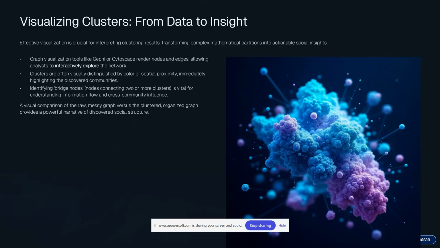Clusters are often visually distinguished by color or spatial proximity, immediately highlighting the discovered communities. Identify bridge nodes. Nodes connecting two or more clusters are vital for understanding information flow and cross community influence. A visual comparison of the raw messy graph versus the clustered organized graph provides a powerful narrative of discovered social structure.